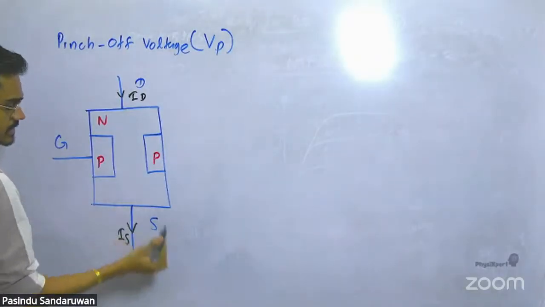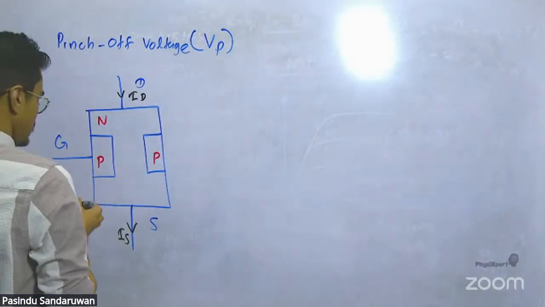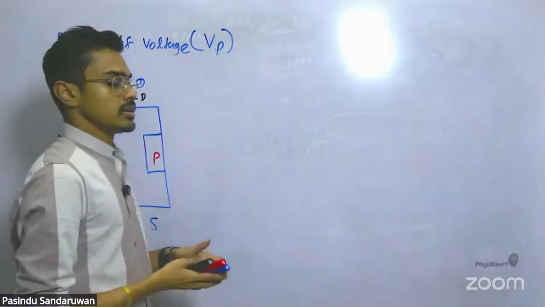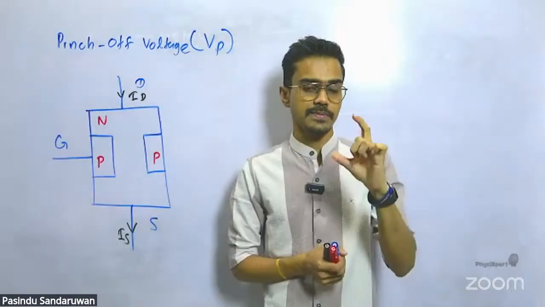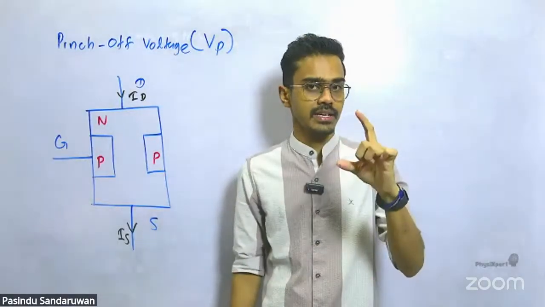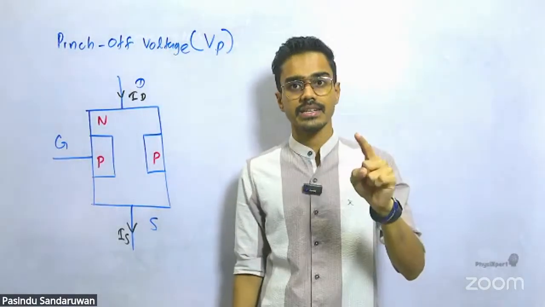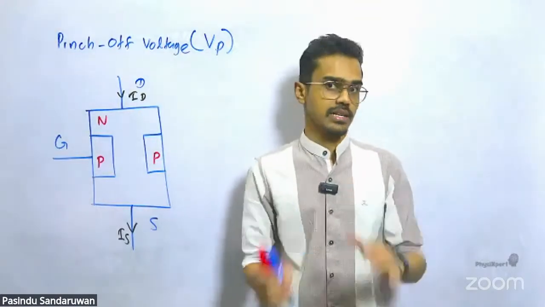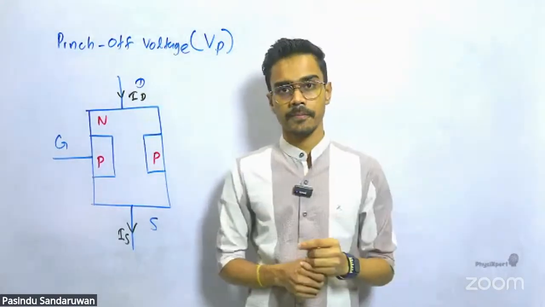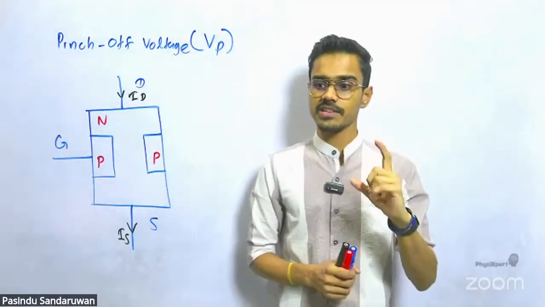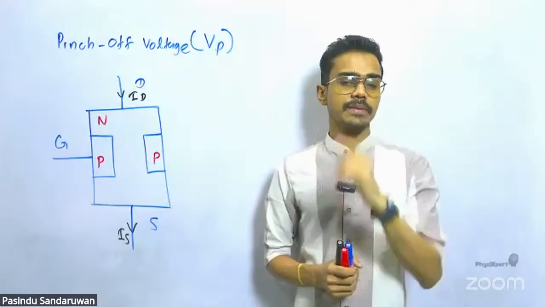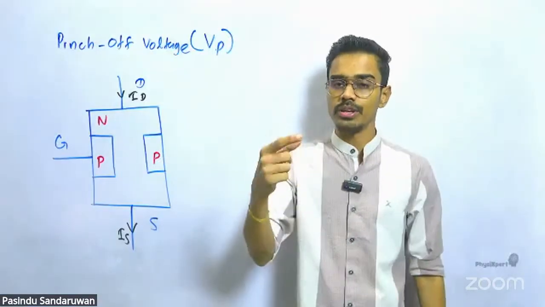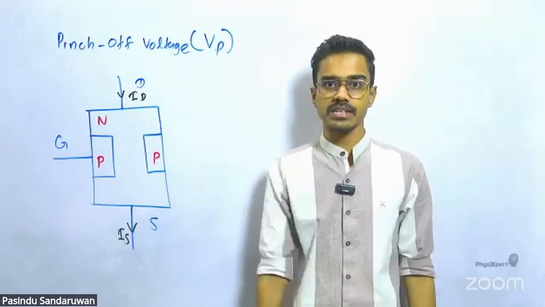ID and IS. We know, since this PN junction is in a reverse bias state, this current is a leakage current. Since the PN junction is reverse biased, we know there's a depletion region here.